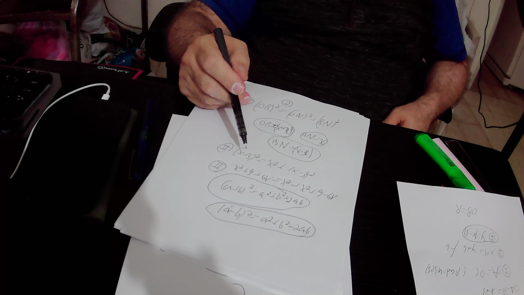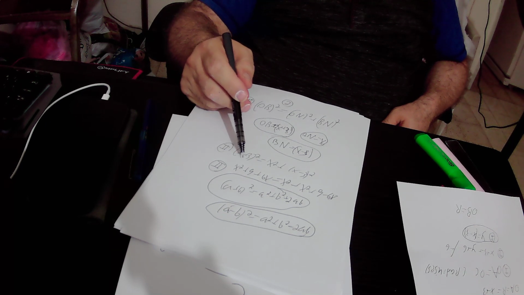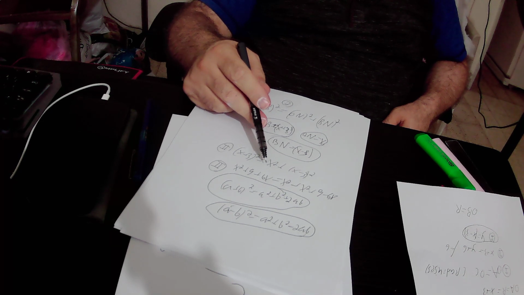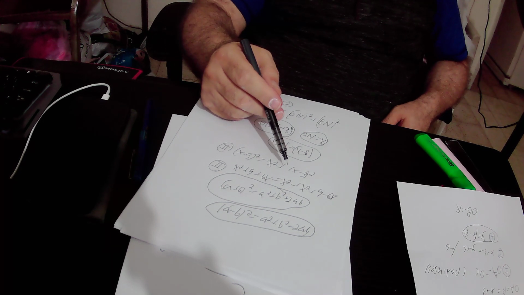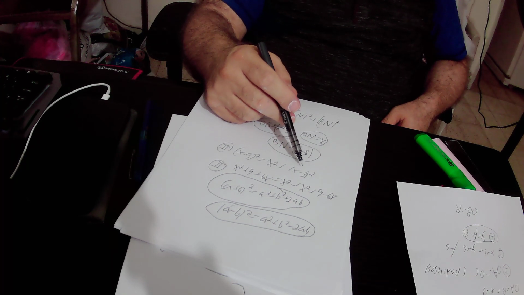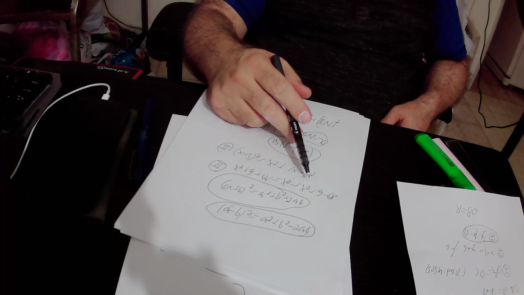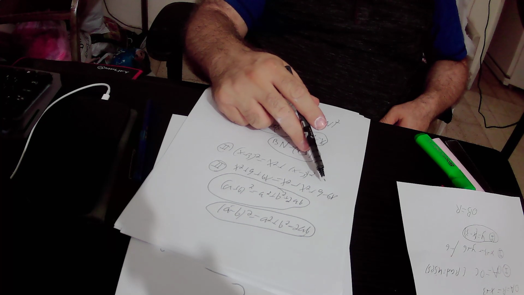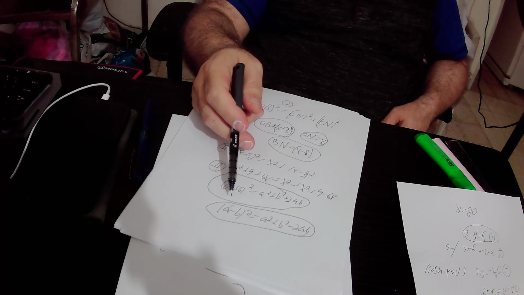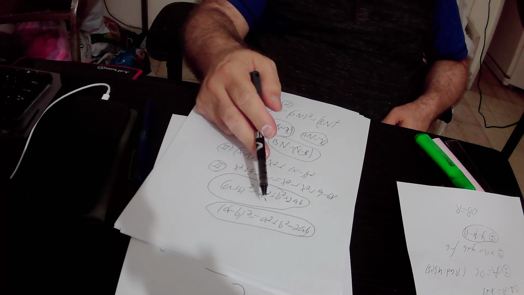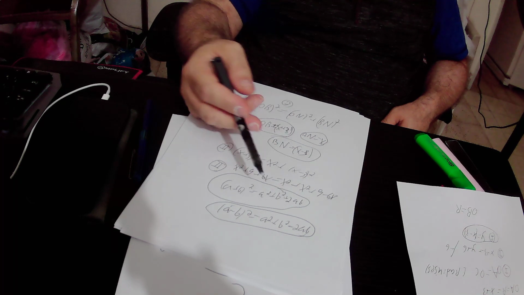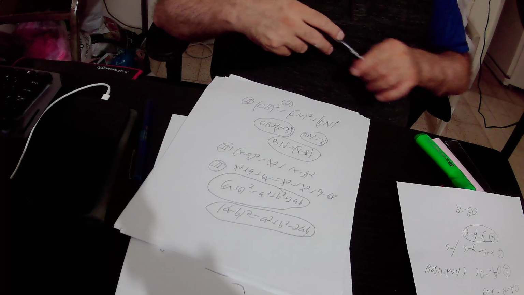And x minus 3 square equals x square plus 9 minus 6x, according to the formula that a minus b square equals a square plus b square minus 2 times ab.